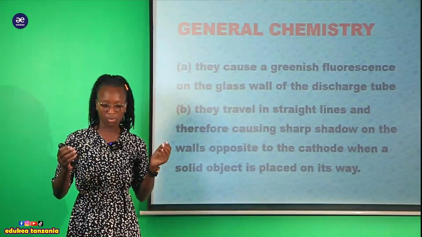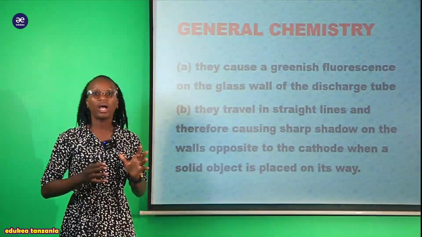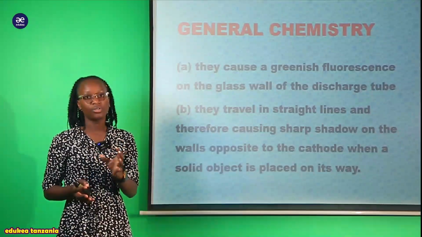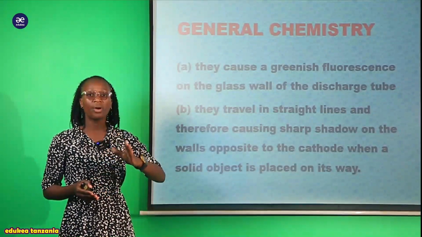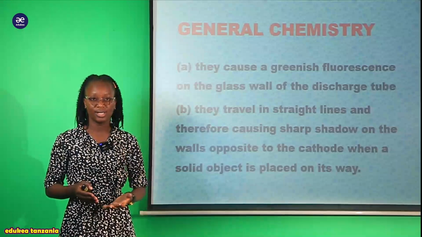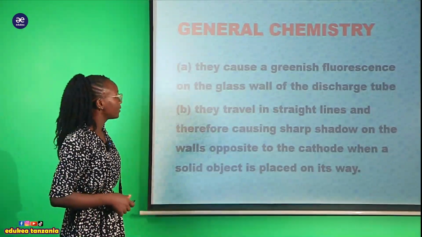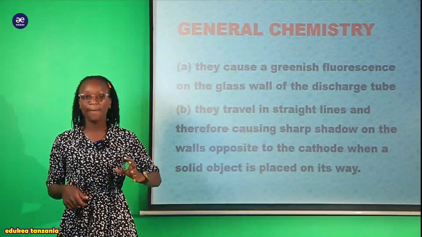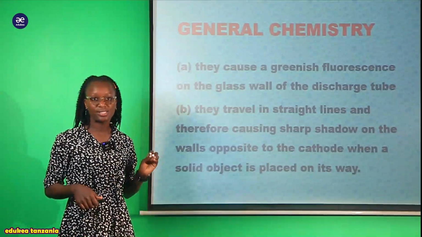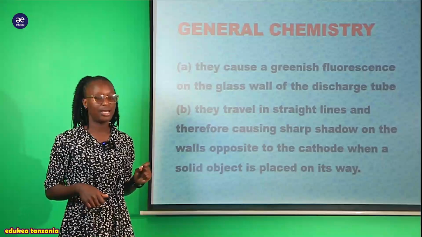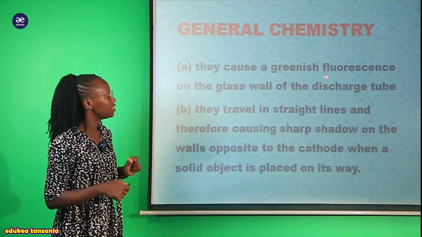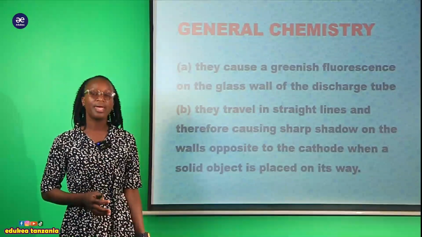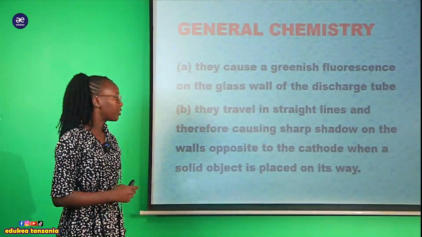Tulivyokuwa tunaona demonstration ya ile cathode ray tube, ile discharge tube ambayo ilikuwa inatuonyesha how those rays travel, tuliona kwamba yenyewe imekuwa characterized by the glass walls. So you can see that katika zile glass walls zake hii discharge tube, zile rays zilizokuwa zinapita zilikuwa zina kiss this greenish fluorescence. That is the first main property of this cathode ray.